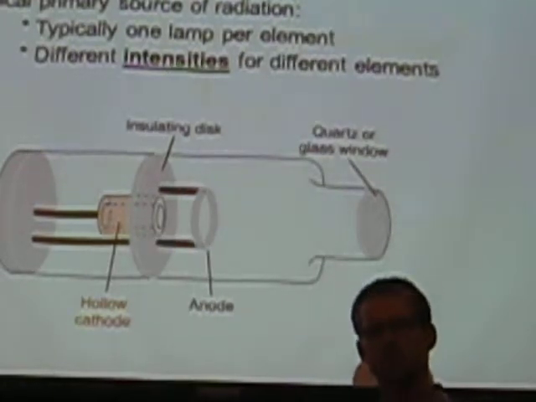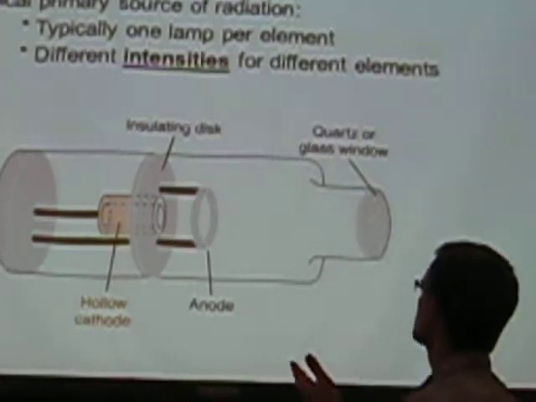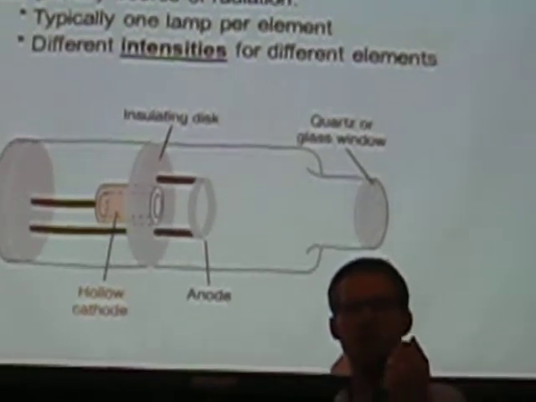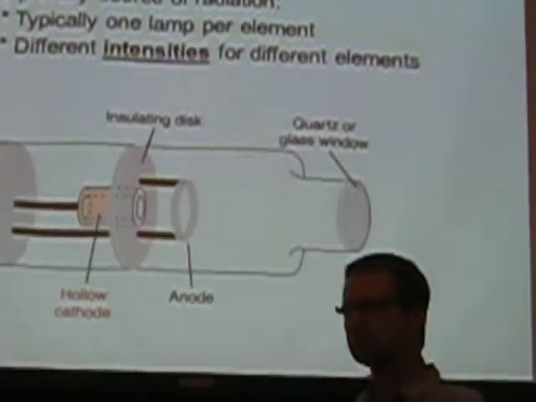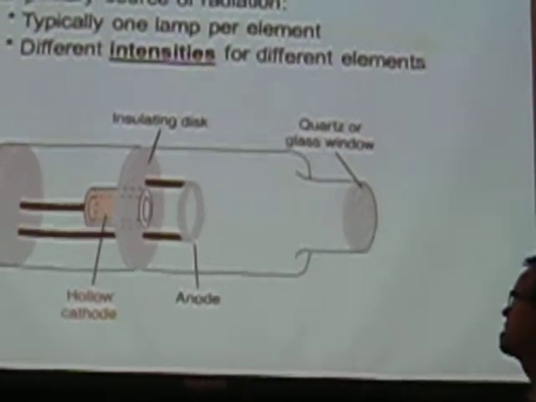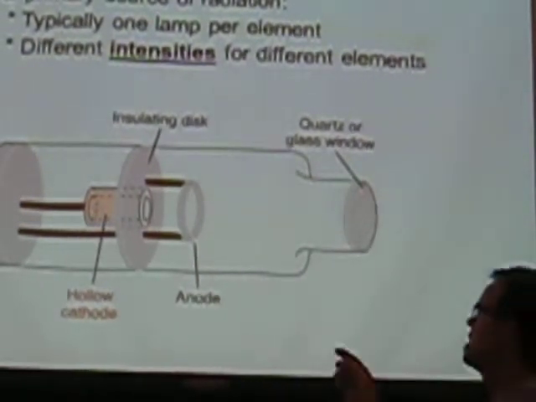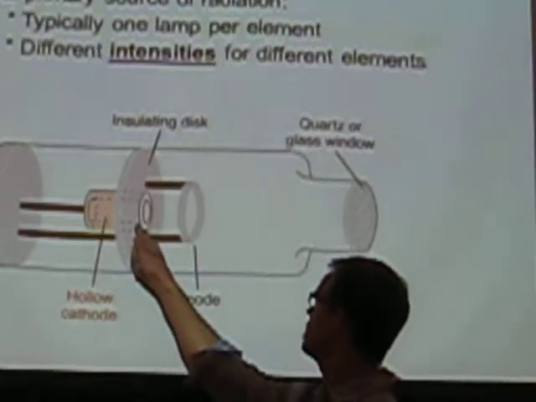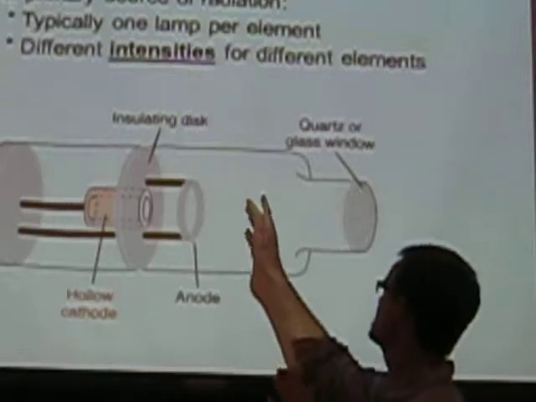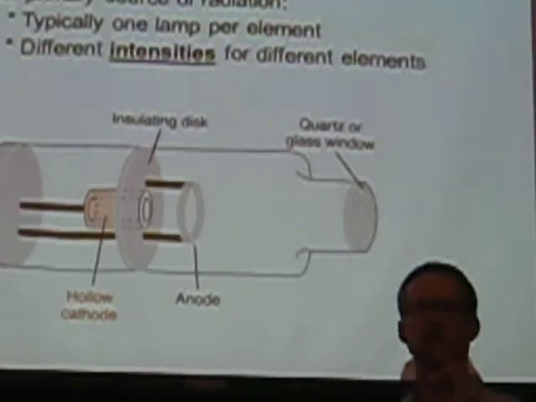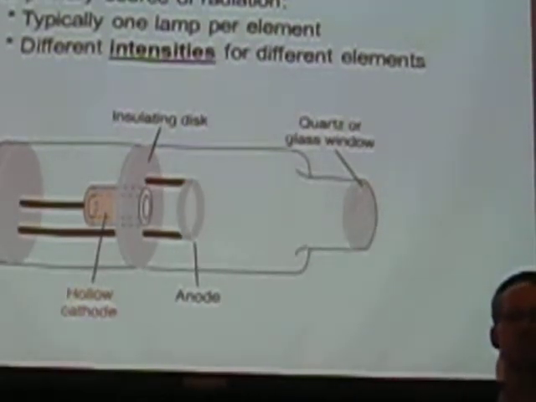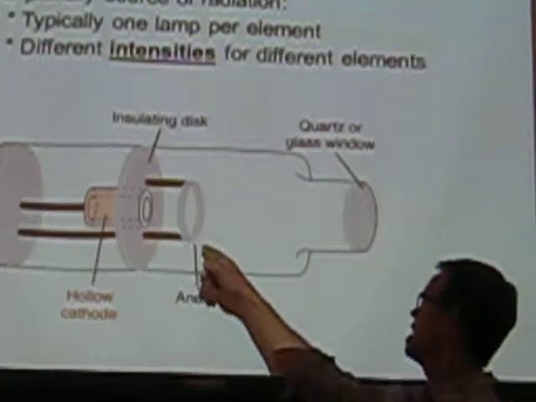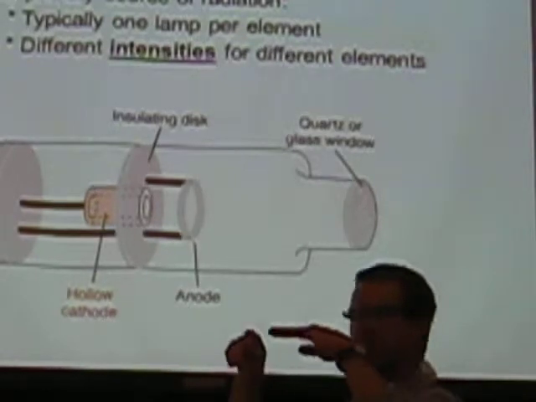And the way these things work is quite ingenious. You plug it in and you apply a current to the lamp, maybe 10 milliamps or whatever, it varies from one lamp to the other. That current is applied across the anode and the cathode. One point I forgot to say is the lamp is filled with a low pressure of an inert gas, typically argon. So it has an inert gas, no oxygen in there, at lower than atmospheric pressure.